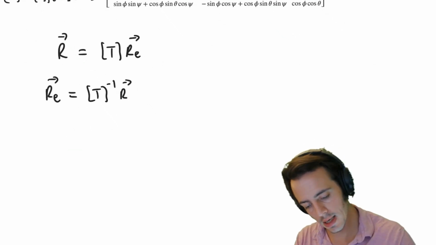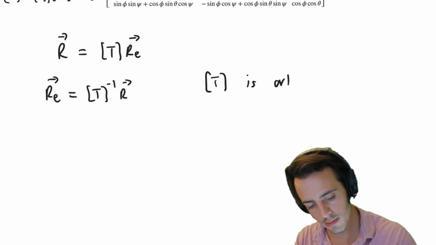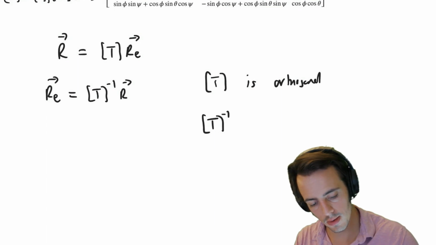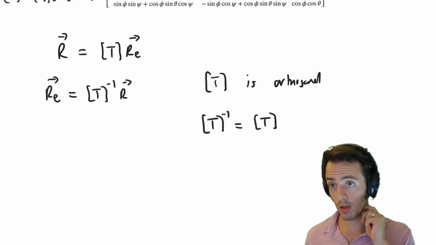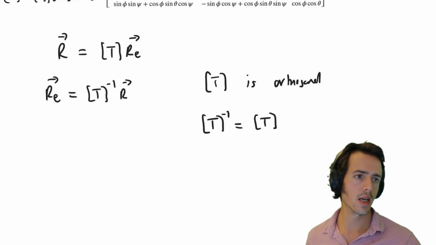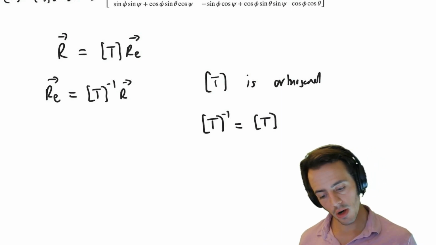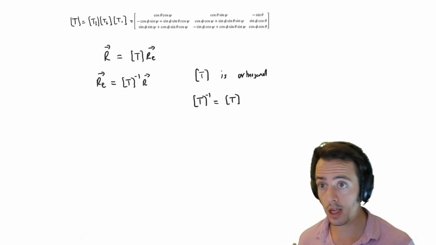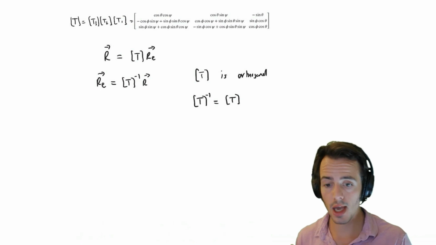Now, handily, T is orthogonal. So T inverse is just equal to the transpose of this matrix, which is really handy for us. Okay, I'm not going to write out the transpose or copy and paste it because you guys can just get that. Okay, so now that we've got this, we can use it to take our gravity vector, or the gravitational force vector, and put it into body axes.